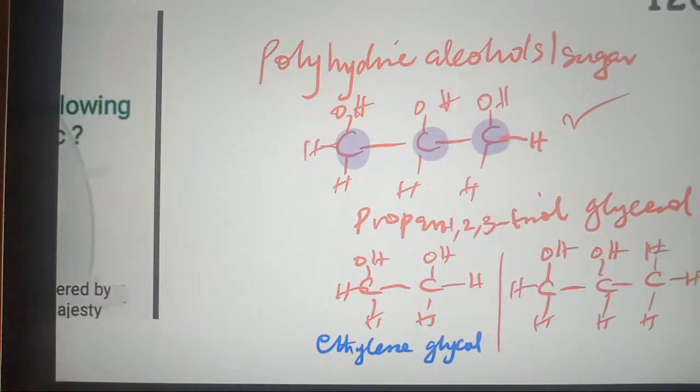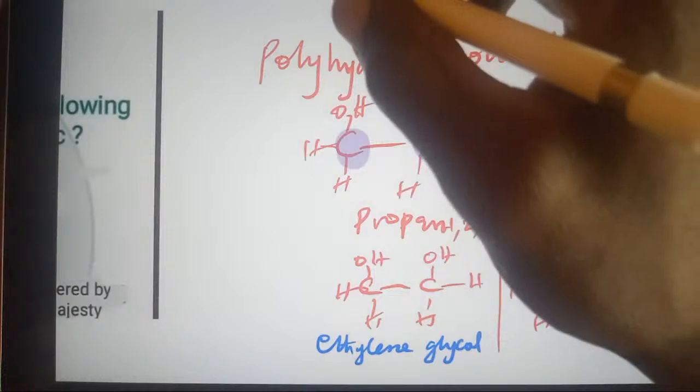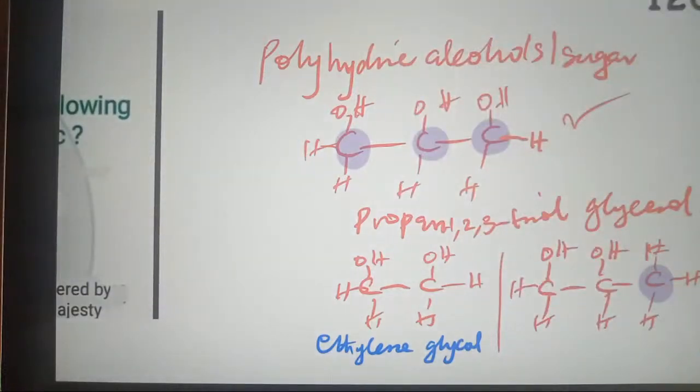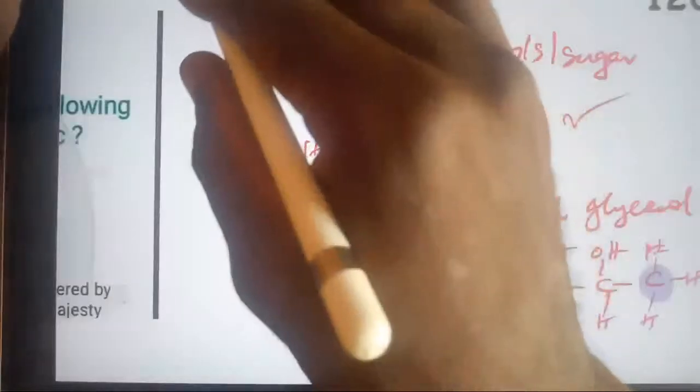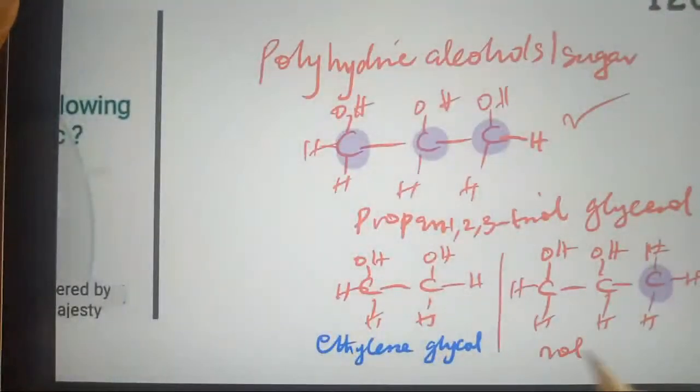Reason: look at this carbon here. This carbon has no OH attached to it. Let me highlight it. So this is not a polyhydric alkanol, not polyhydric, but dihydric. Just like these two are both dihydric, but this is polyhydric and this is not polyhydric.